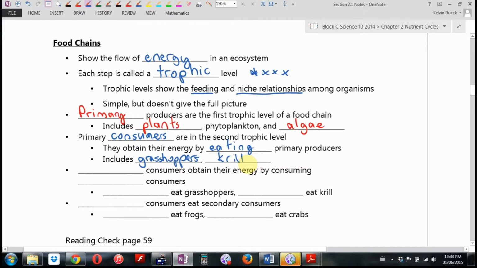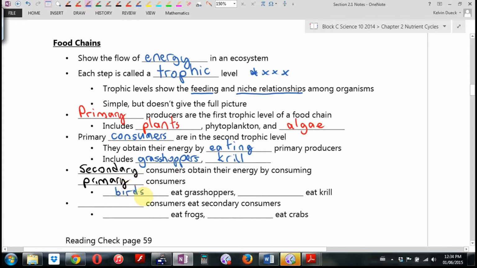What word do you think comes after primary? Okay, so then we have secondary consumers. They get their energy by consuming primary consumers. What eats grasshoppers? Birds, sure.